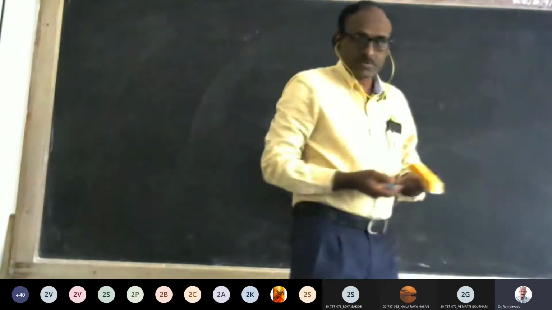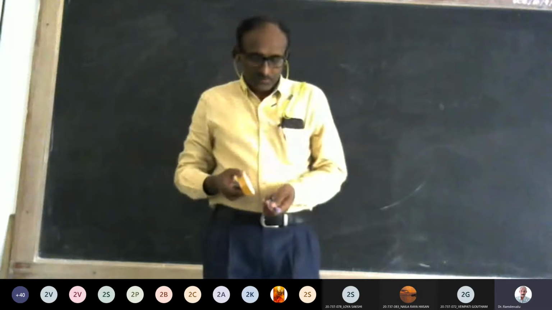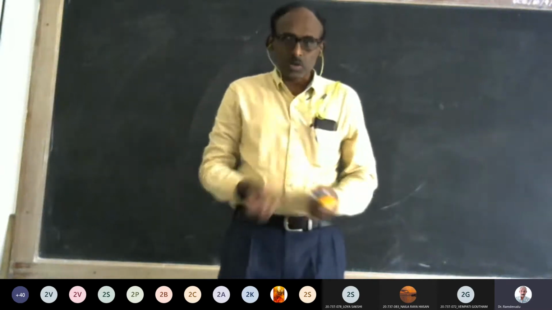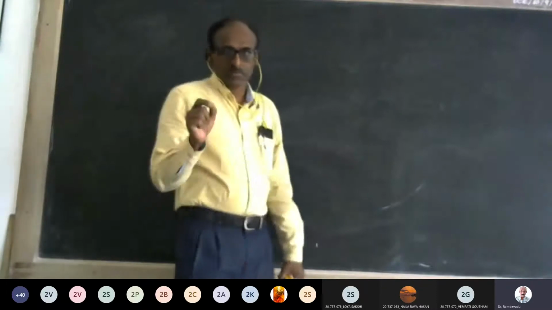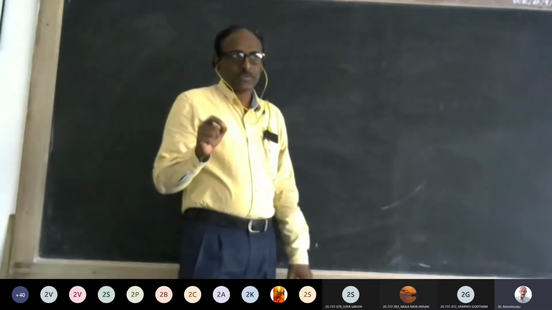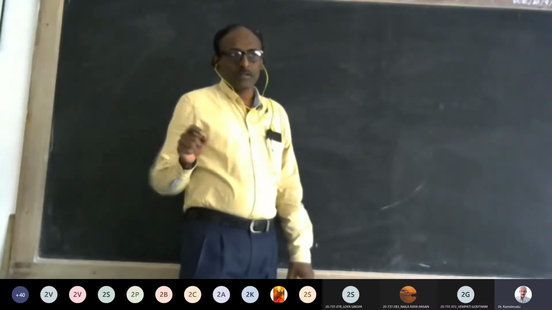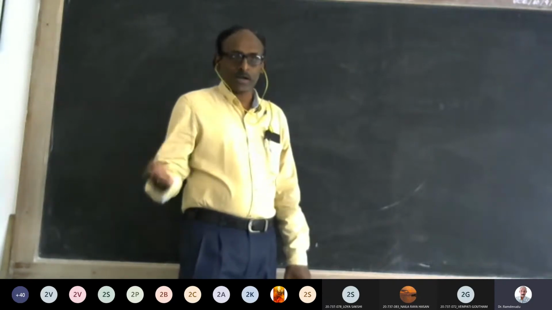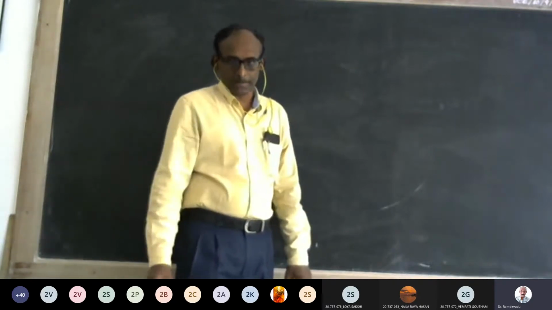Later, we have seen the electronic defects also. And afterwards, we have discussed a Schottky defect. A Schottky defect is simply the missing of an anion and cation in an ionic crystal, or the missing of an atom in an atomic crystal.